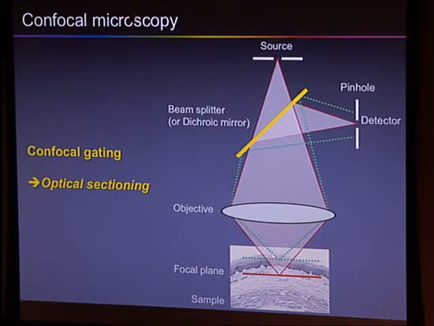All the other light coming from this particular plane, for instance, is focused somewhere else and gets rejected by the pinhole. So it can generate a very clear image from one very thin focal plane, and that's often called optical sectioning.